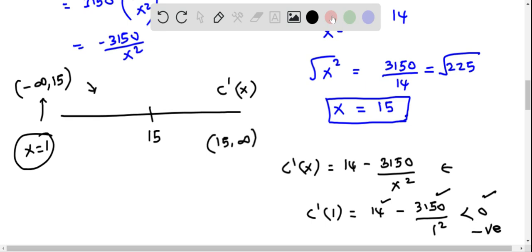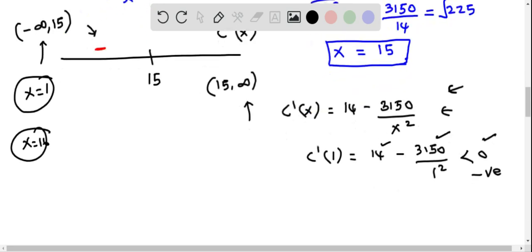So we put negative over here, and now we pick another random value in this interval, that is from 15 to infinity. So I can pick x equal to 16 and put in the C prime of x. So therefore it becomes C prime of 16.